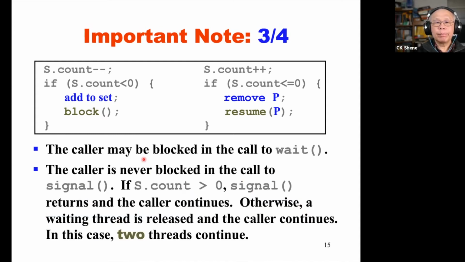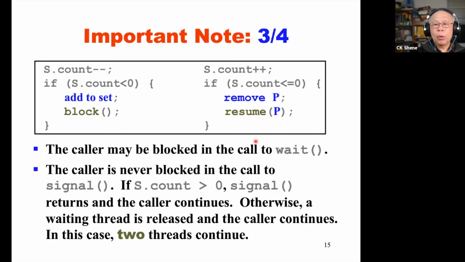Now, the third one means the caller may be blocked in the call. Here, it may not be blocked. After subtracting 1 from the counter, if the new value is less than 0, the caller will be blocked. The caller is never blocked in the call to signal. This is the signal: adding 1 to the counter, testing the counter. And if this is satisfied, 1 thread is removed from the waiting set, and that thread returns from its wait call.